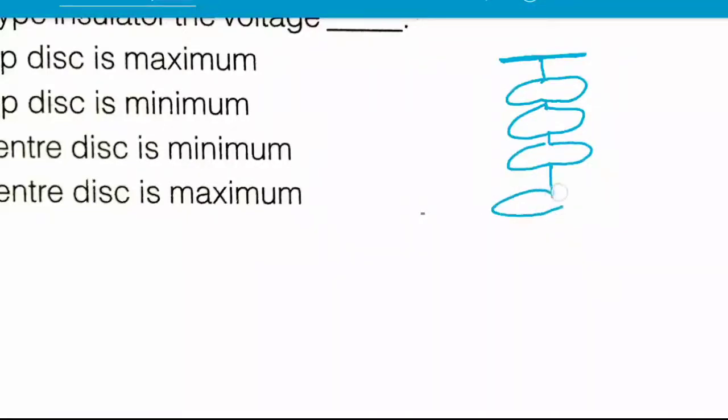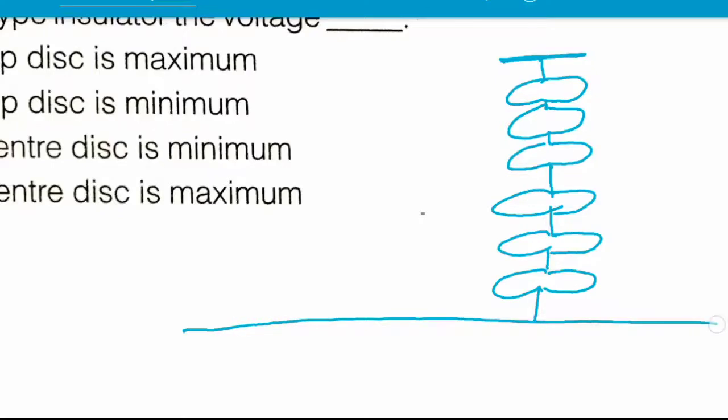Suppose there are 6 insulators, that is for 66 kV, and here is the conductor which is carrying the current.